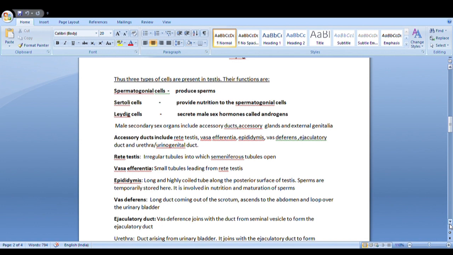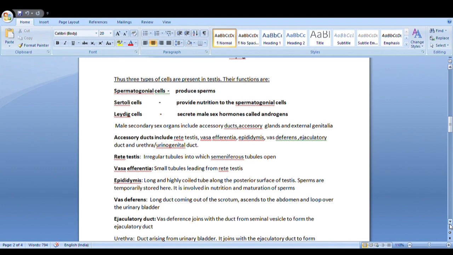Male secondary sex organs include accessory ducts, accessory glands, and external genitalia. Accessory ducts include rete testis, vasa efferentia, epididymis, vas deferens, ejaculatory duct, and urethra or urinogenital duct.